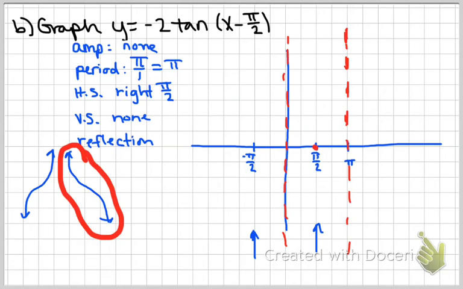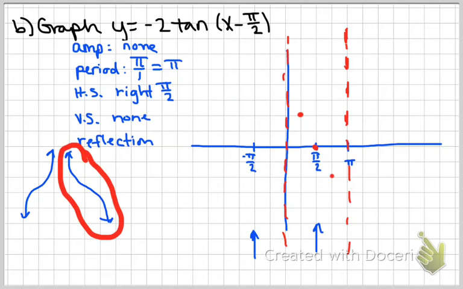So because that A value is 2, I'm going to go up 2, and then that's where my dot is. And then between the midpoint and the second asymptote, I'm now going to go down 2 because it's a reflection.